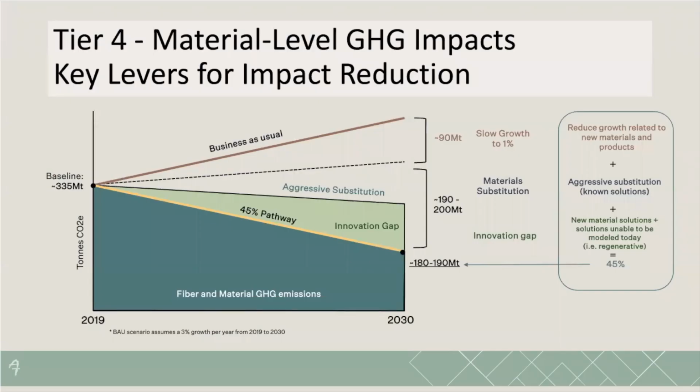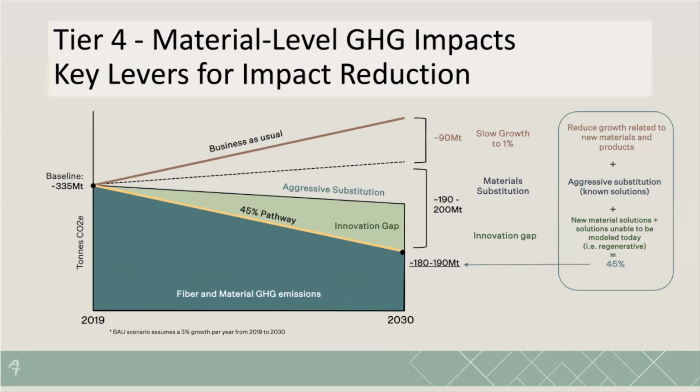So at Textile Exchange, we've actually done some greenhouse gas impact modeling and come up with 3 key levers that we're going to need to pull on in order to achieve the climate targets we need to hit as an industry related to the raw materials that we're using by 2030.